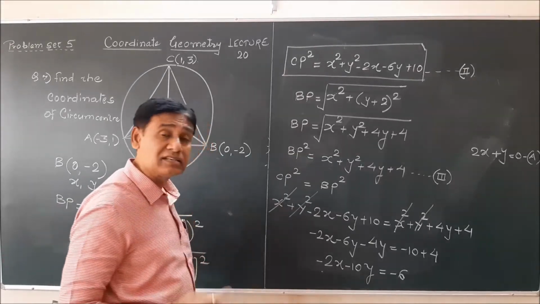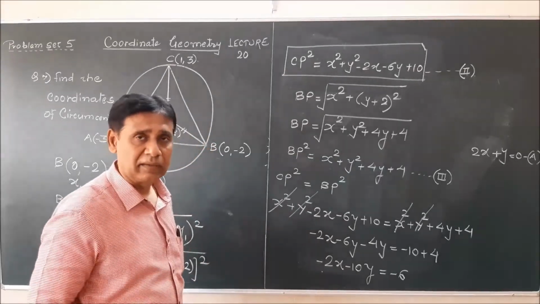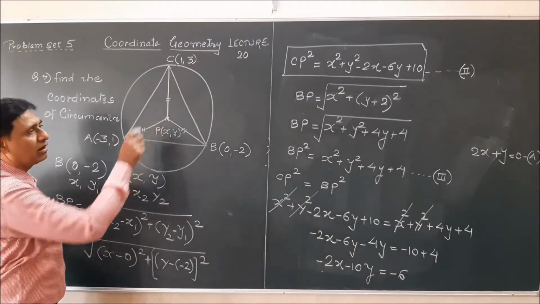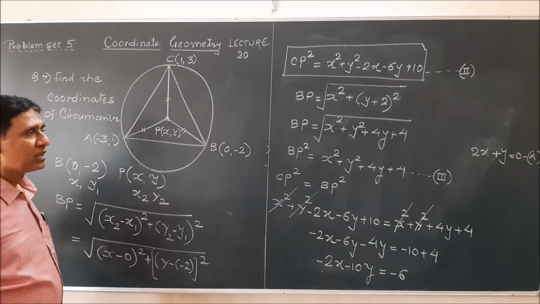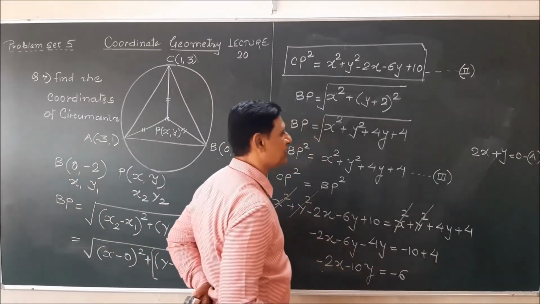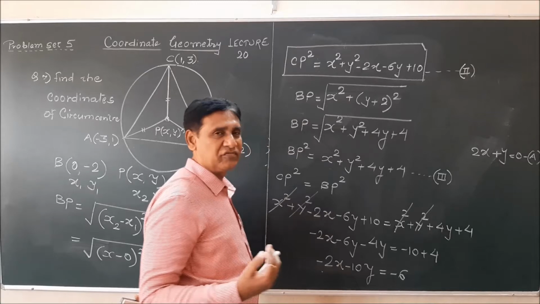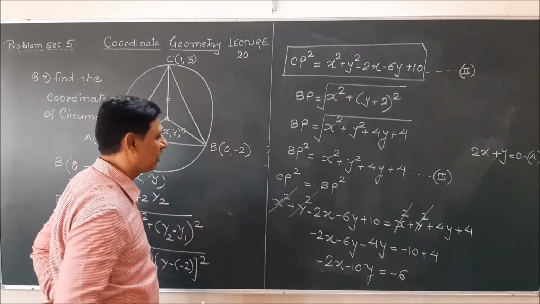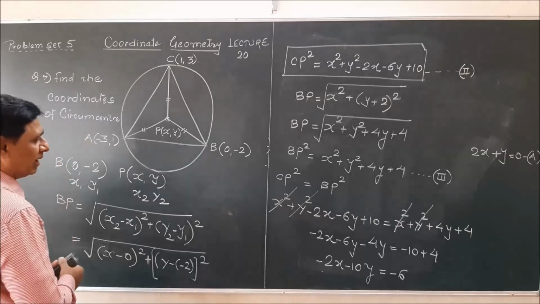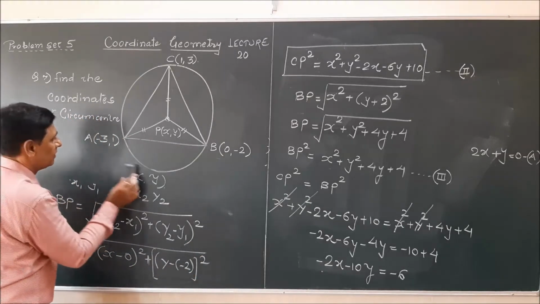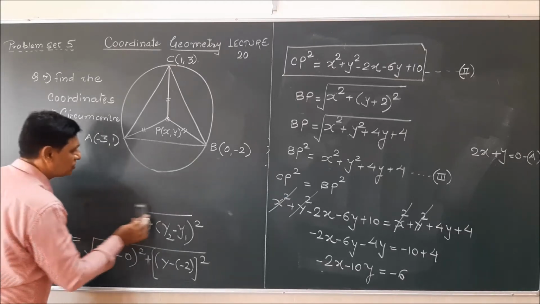Okay, now I have to get the second simultaneous equation because my aim is to find out the coordinates of P. Now I don't know around the board whether this 2x plus y is equal to 0 was the first simultaneous equation. Hope that is the correct one. So let's see, minus 2x minus 10y is equal to minus 6. I'm going to continue now.